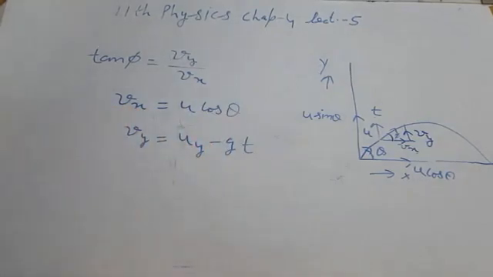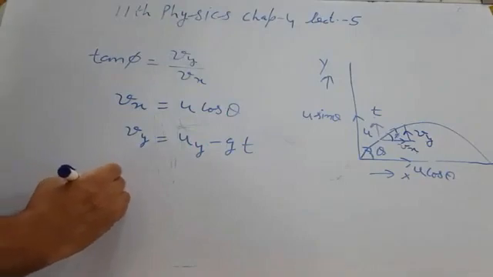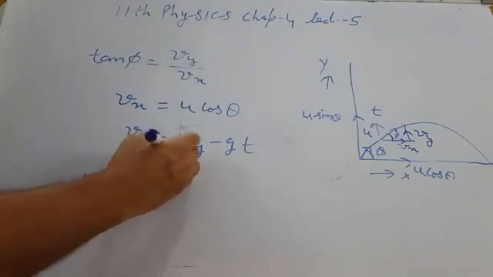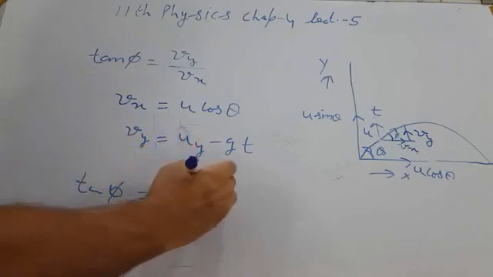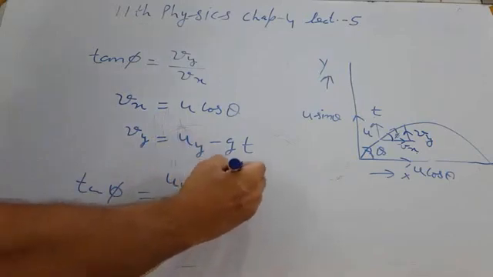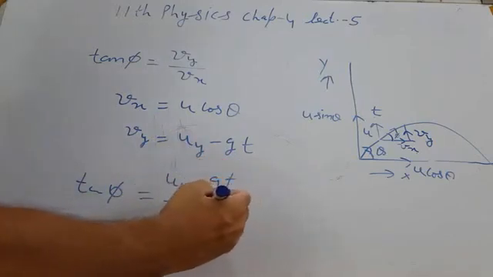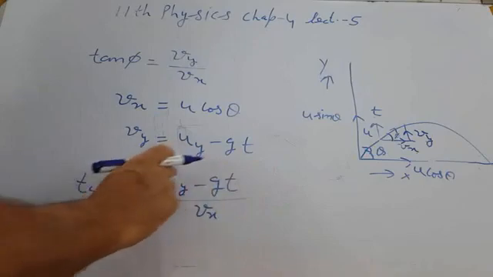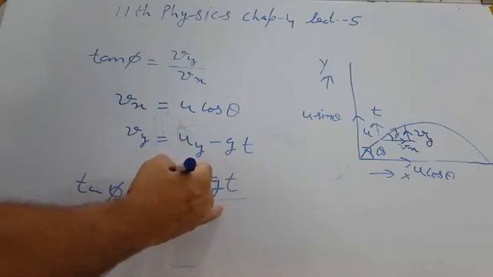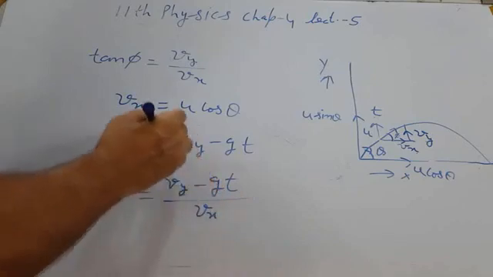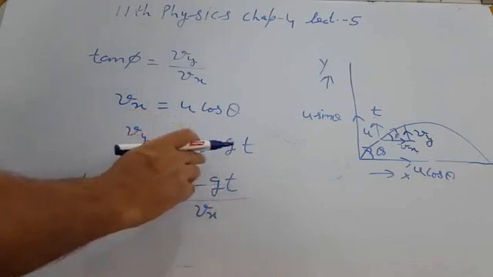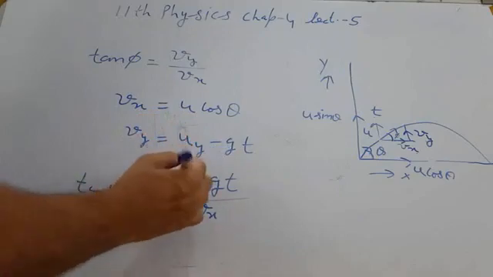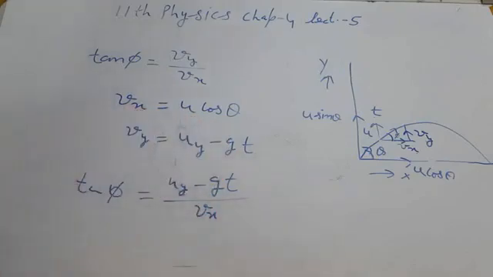So what will be tangent phi? It will be vy, sorry, vy divided by vx. So uy minus gt upon vx.